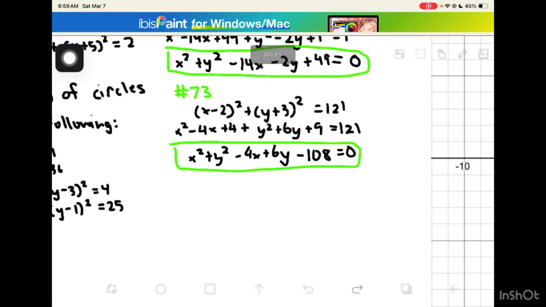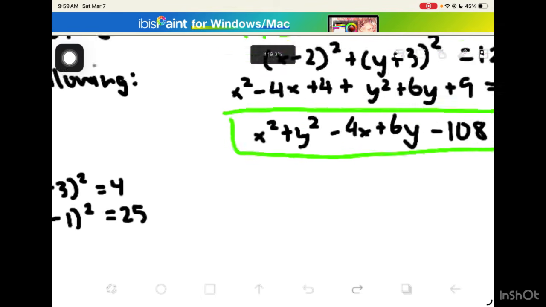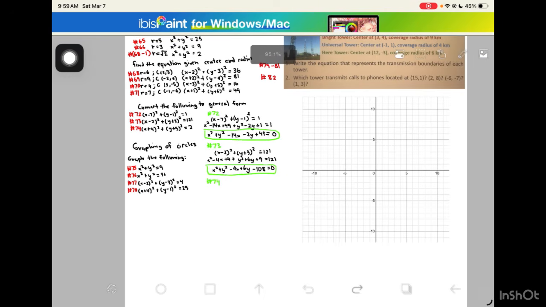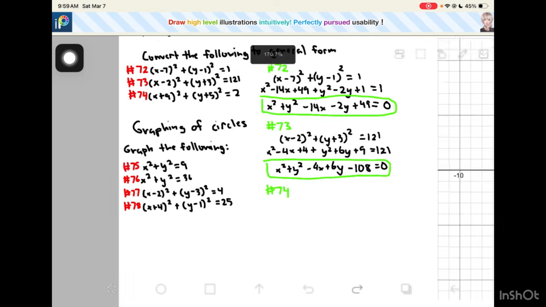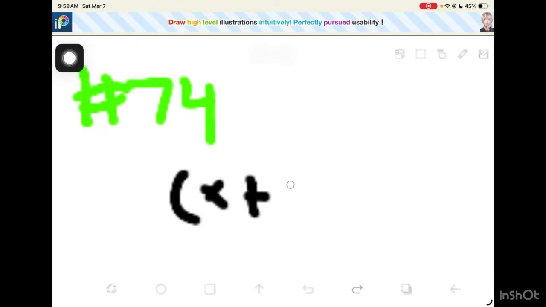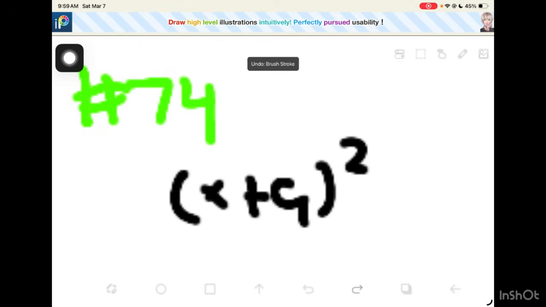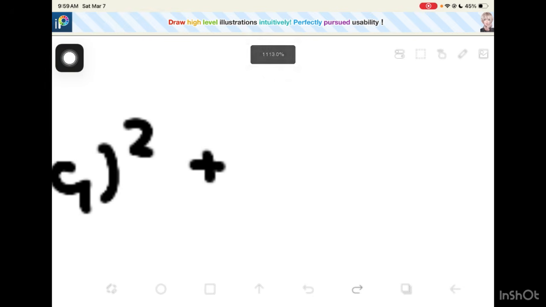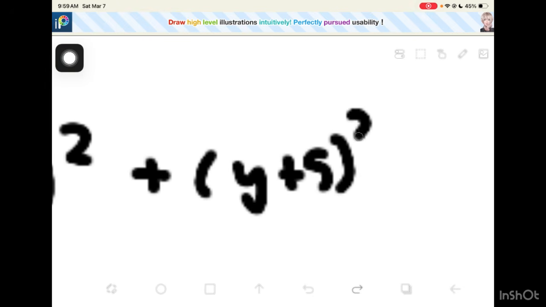So, last one, number 74. Alright, hold on. Okay, there we go. So, last one, we got x plus 9 squared plus y plus 5 squared is equal to 2.